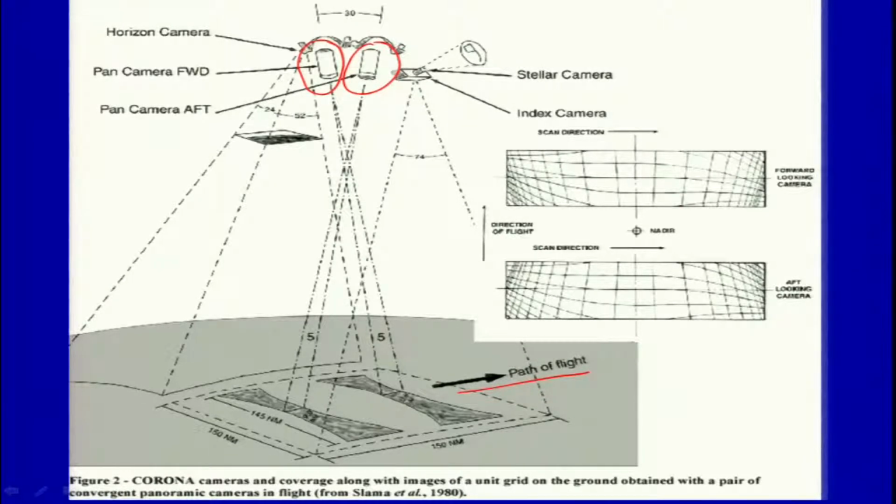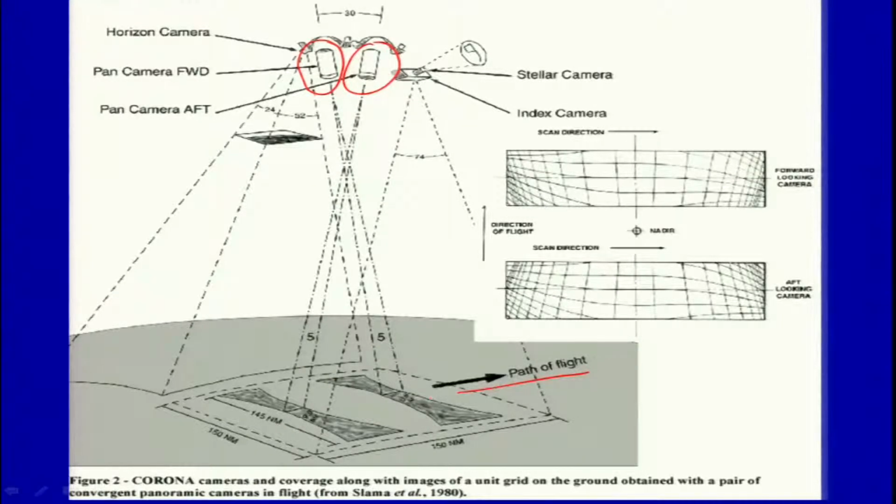Okay. So, the forward camera will take this photograph, and as the flight moves, the after camera will also keep taking photographs of the same area from a different angle. Okay. But this will have some distortion because all the images are taken as panoramic images.